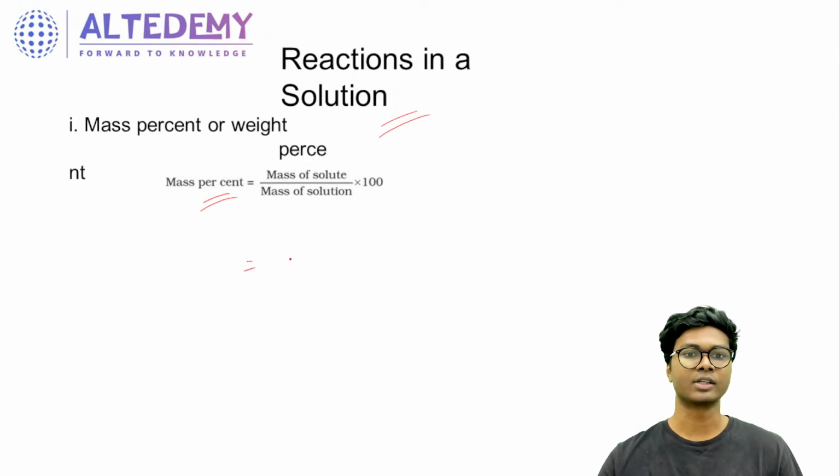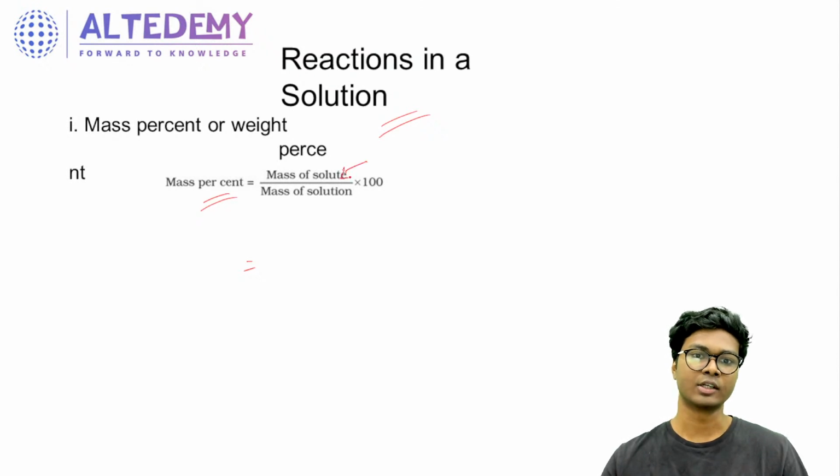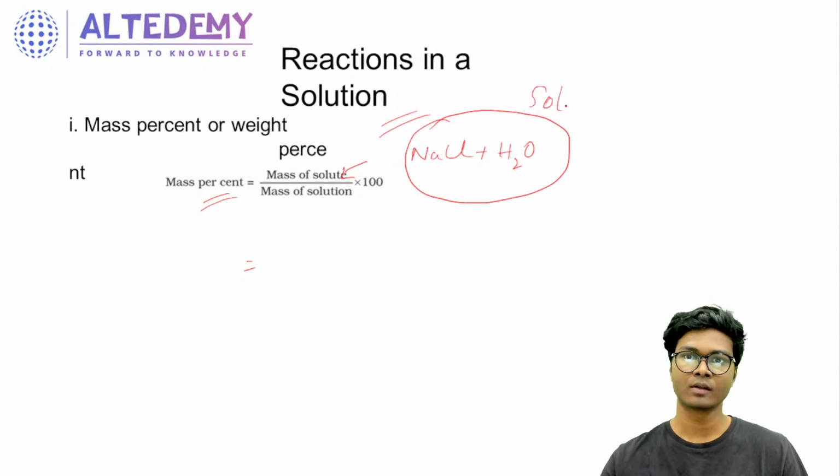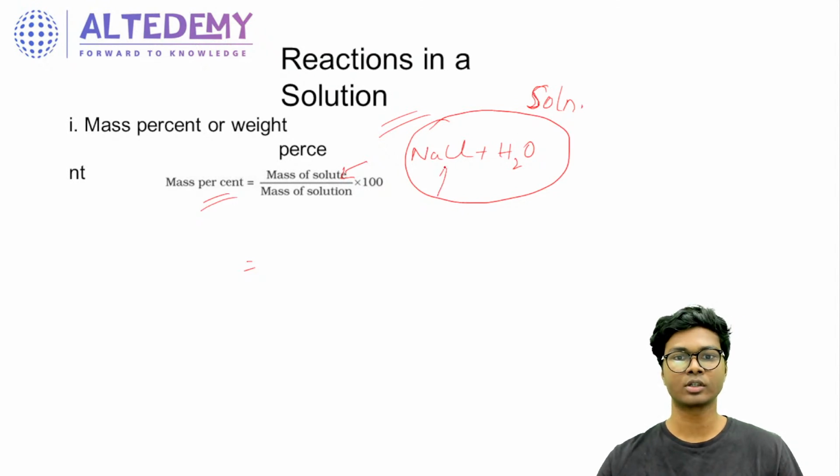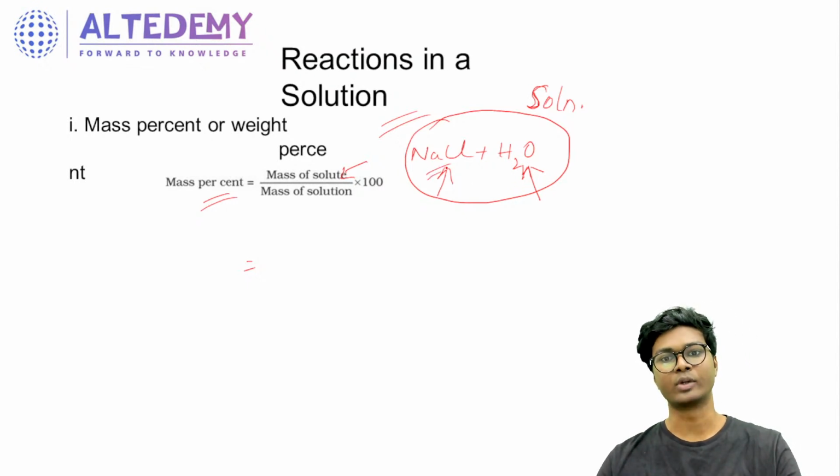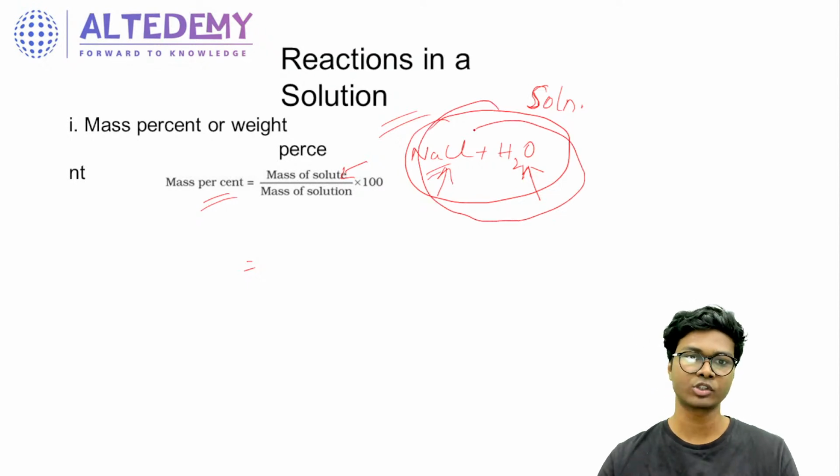So when we are making a solution of sodium chloride plus water, this is the solution, this is the solute, and this is the solvent. First we'll calculate the mass of sodium chloride, and divide it by the total mass of the solution, and thus we get mass percentage.